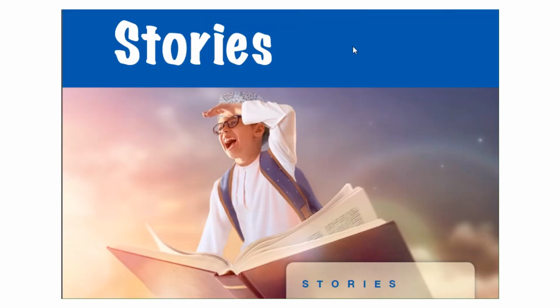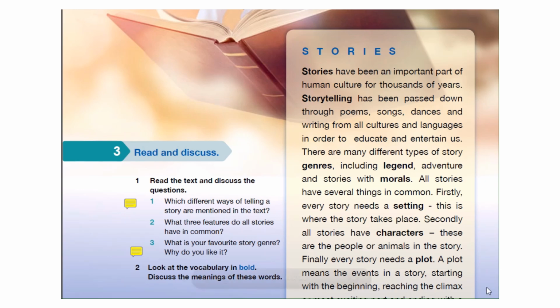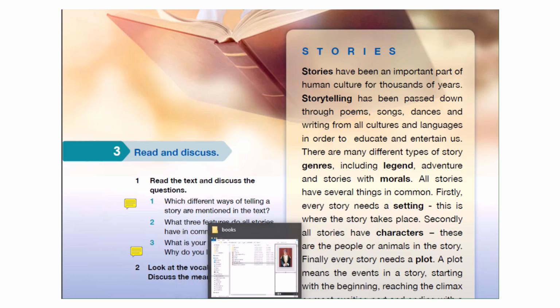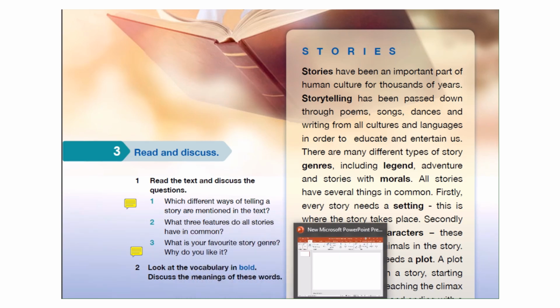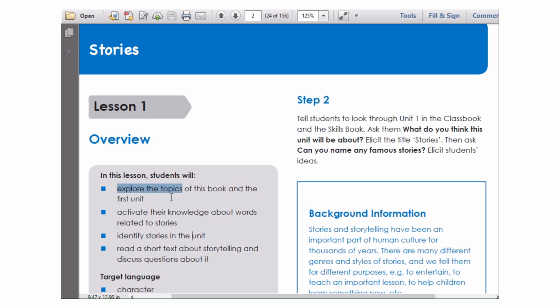Now we move to page number 3, stories. This is an introduction of the stories. First of all, let me first read the overview. In this lesson, students will explore the topics of this book and the first unit.